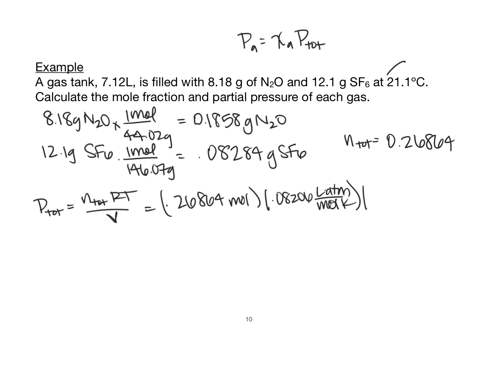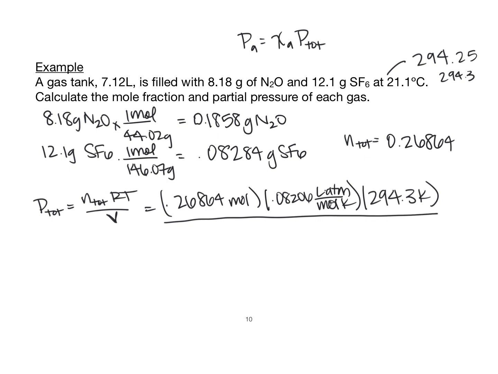We're at 21.1 degrees Celsius plus 273 is 294.25, which is going to round to 294.3. And I'm going to divide that by the volume, in this case, which is 7.12 liters. So now we can get the total pressure of 0.9107 atmospheres, with sig figs is 0.911 atmospheres, which is going to be P total.